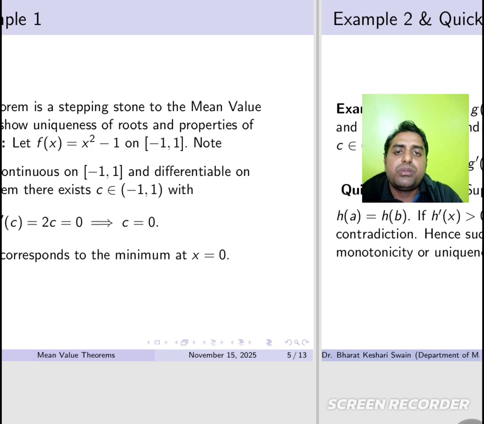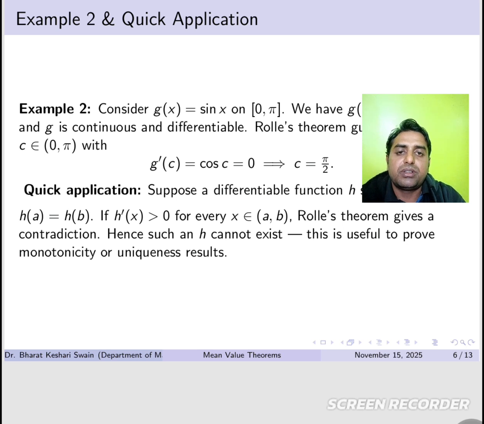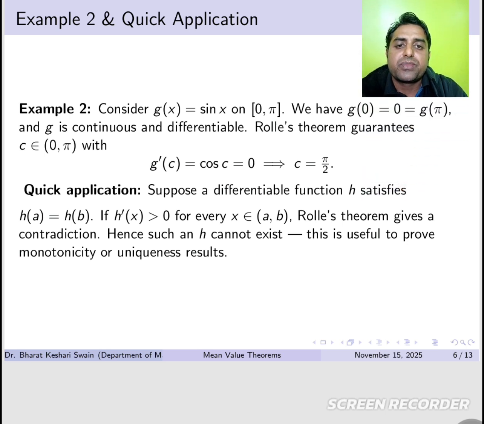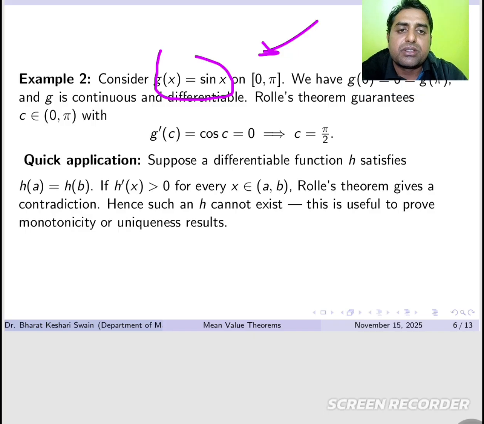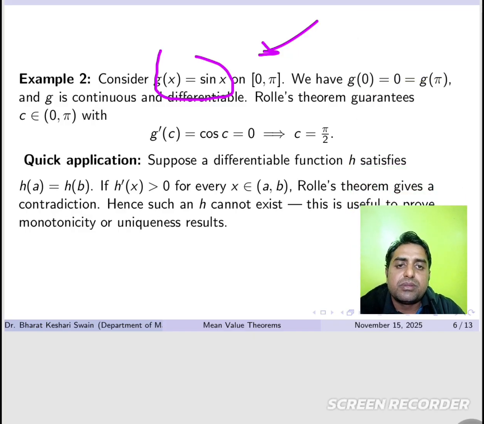Okay, now come to another example. The given function is g(x) equal to sin x, and the interval given is 0 to pi. We have to check whether the function is differentiable and continuous, and g of a and g of b, here 0 equals a and pi equals b, if I compare with the statement.